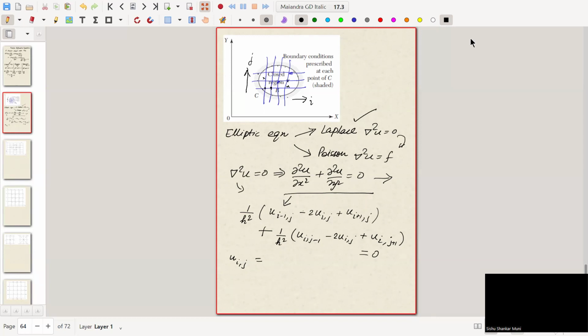Carry a pen and all. Just eyeball things. You have minus 2Uij. Then in the next term, you have minus 2Uij. So that gets added up. It is minus 4Uij. And since it's a minus sign and all other quantities are plus, you can move that to the other side. So that becomes 4Uij, and all other things are on your left. So you can divide it by 4.